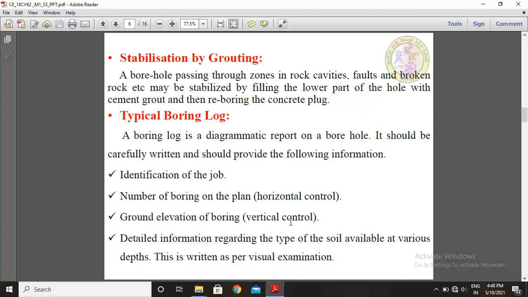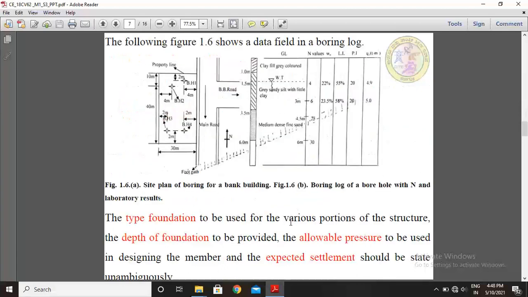It should be carefully written and should provide the following information: identification of the job, number of the boring on the plan, ground elevation of the boring, that is the vertical control, and detailed information regarding the type of soil available at various depths. This is written as per usual examinations. This is a typical boring log.